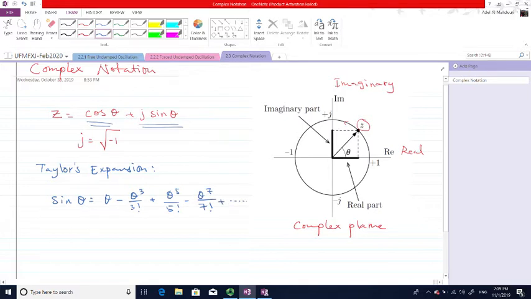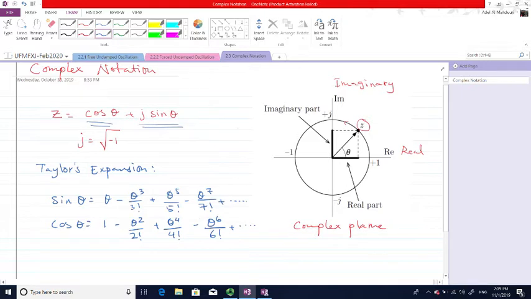For cosine theta, the Taylor series is 1 minus theta squared over 2 factorial plus theta to the power 4 over 4 factorial minus theta to the power 6 over 6 factorial, and so on.